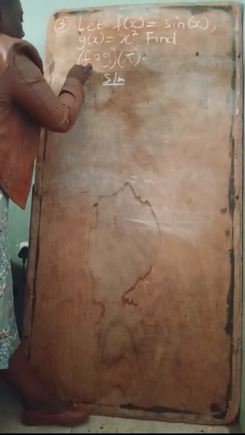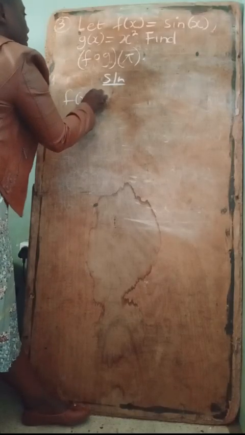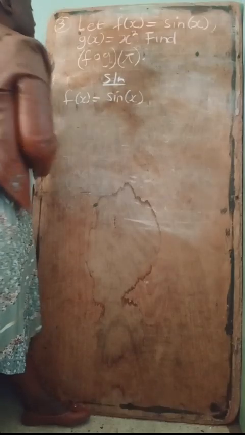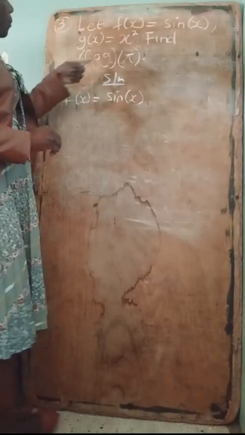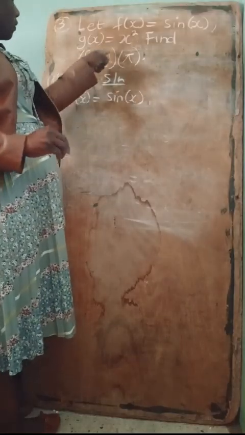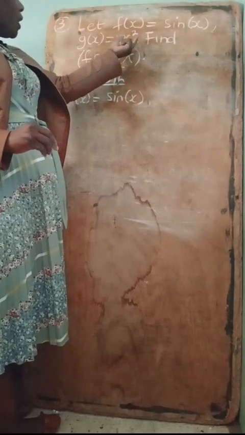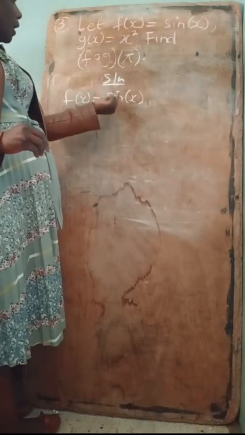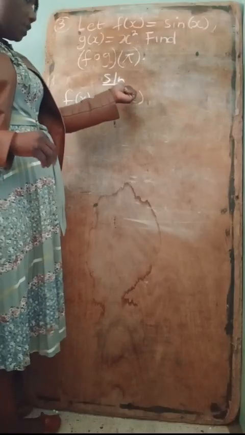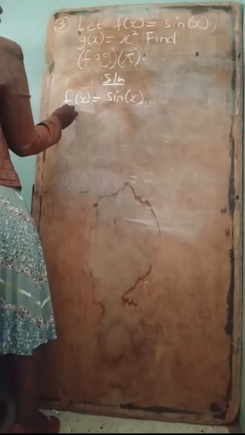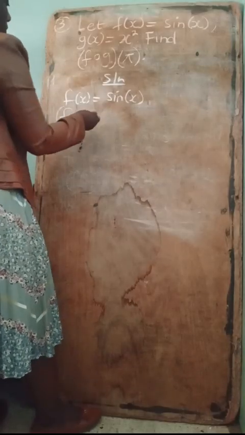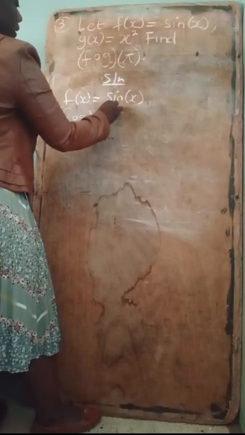This is the first function that we have to write. f(x) is equal to sine x. Okay? So now we are putting this function where there is x in this function. So the function of g, we are getting the function of g and putting it in the function of f where there is x. So therefore, we are going to have the following. We have a pi there.